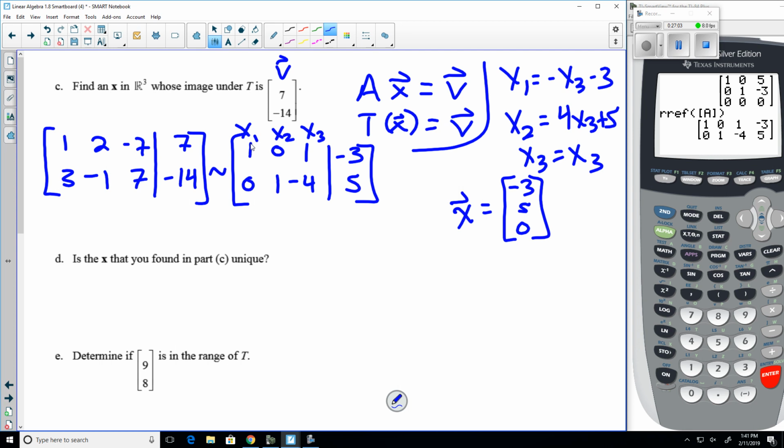No, it's not a 0 vector. We're only worried about trivial if the system's homogeneous. If that right side is 0, that's the only time we're worried about if it's trivial or not. So there's one example. So this is when x3 equals 0. Is this unique? No.